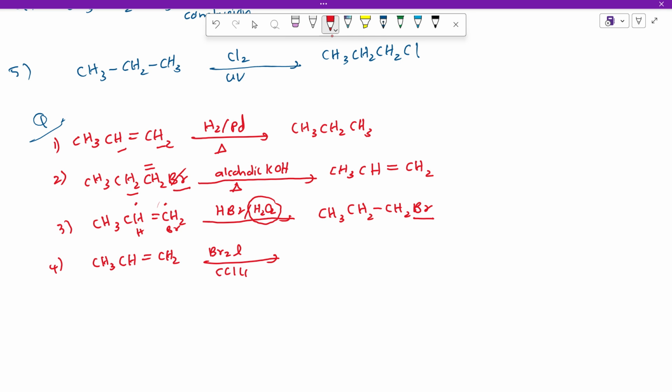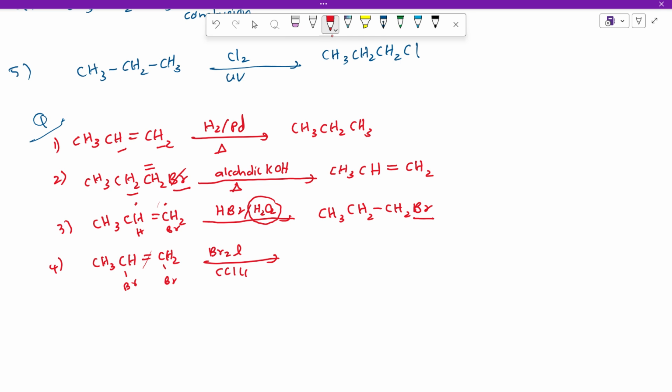Fourth one, the alkene is given and you add liquid bromine. That means you can break this double bond here and add a Br to here and a Br to here, either side of the double bond only.